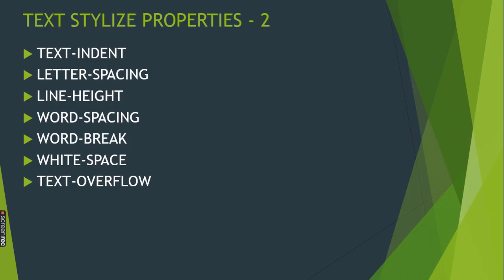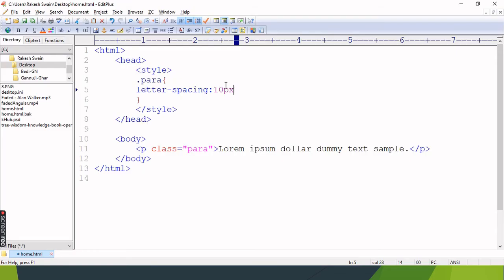Then line height. Friends, line height we use to keep our texts at a distance from the top. It creates a margin from the top, and it takes the space as per the box space. That means if we have a box in a div of 100 pixels and we are keeping the text line height as 20 pixels, it will take 20 pixels from the div's 100 pixels.